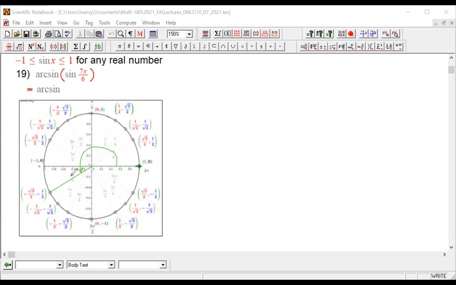And what is the R? The reference angle is pi over 6. So A, of course, is 7 pi over 6. This is what I refer to as ARD. And we happen to have a blue number waiting for us there, so that's how you get the negative half.